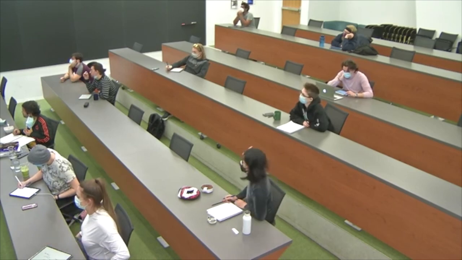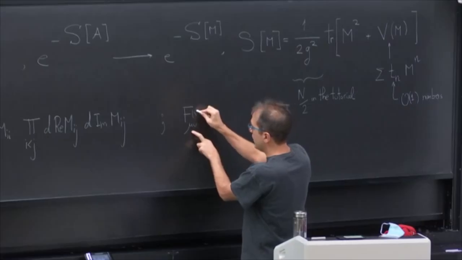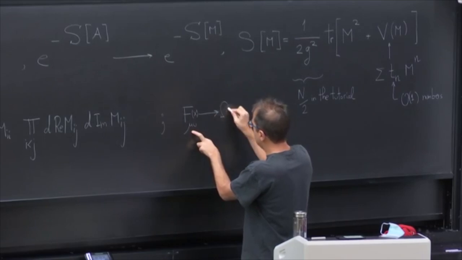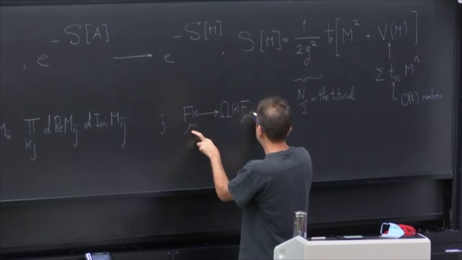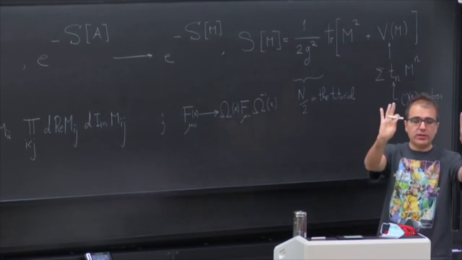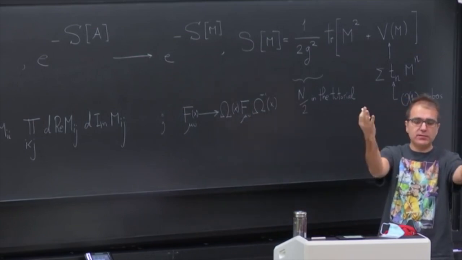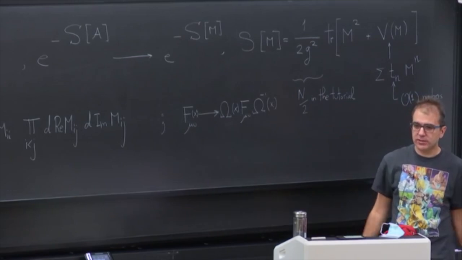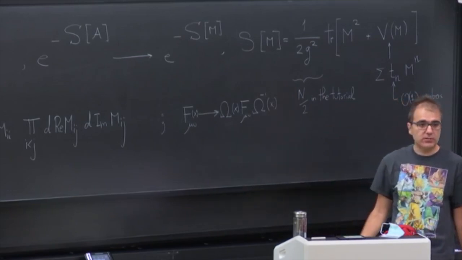Exactly. So under a gauge transformation, F mu nu at position x transforms with omega, some rotation at position x, as omega F mu nu times the inverse of omega at position x. And that leaves the trace invariant, right? Because you put one F, you put another F, the omega and omega minus 1 cancel, the other outer ones also cancel because of cyclicity of the trace. So this is a symmetry indeed of the action.